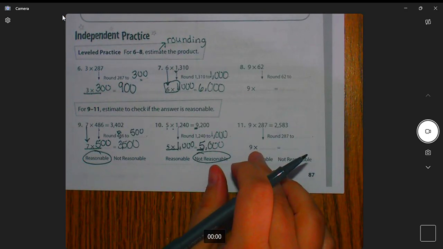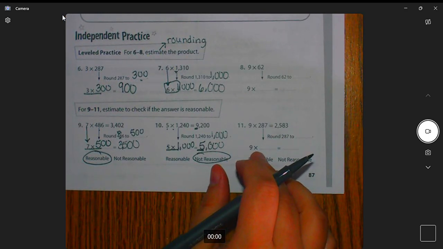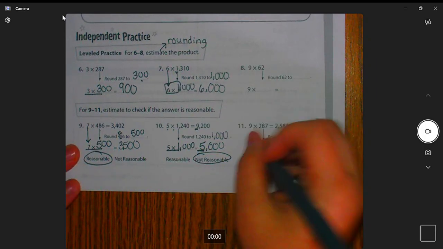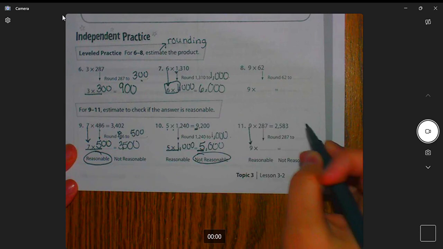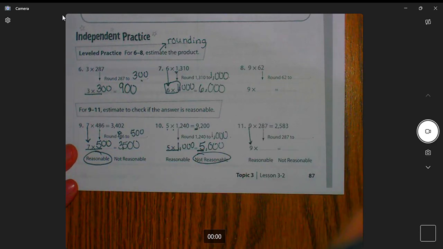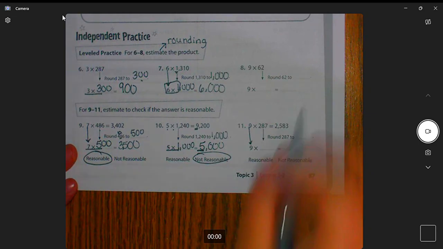Last one. Let's look at 9 times 287. As always, the single digit factor came down. 287. Is that closest to 300 or is it closest to 200? Right, 300.